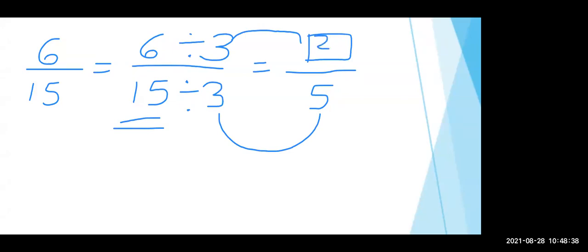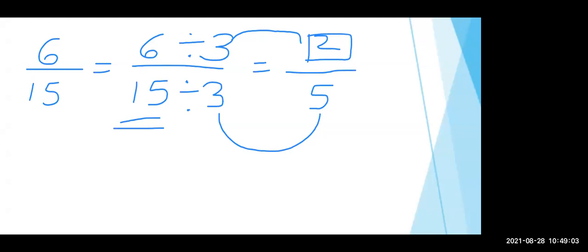So in this empty box we are getting 2. So if 6 upon 15 is given and they told us the denominator should be 5, at that time we have to take one single table. When we multiply that table by 5, it will come 15.